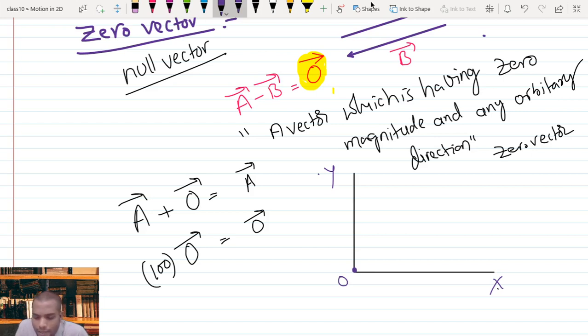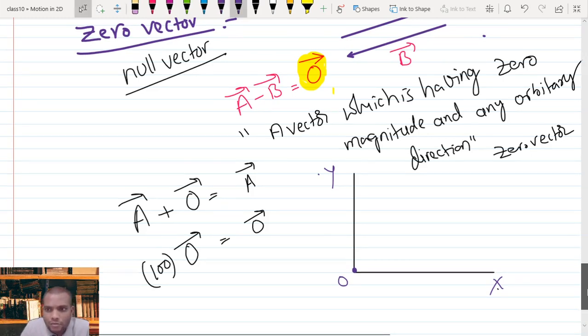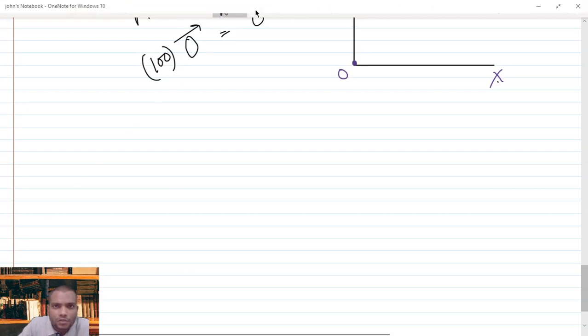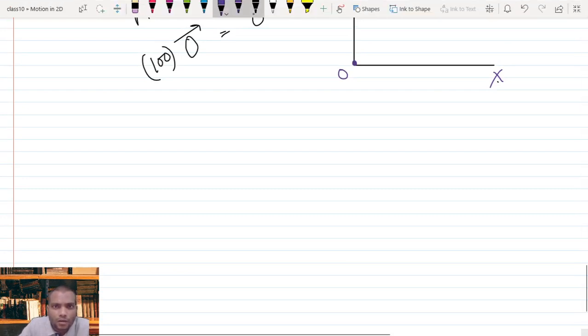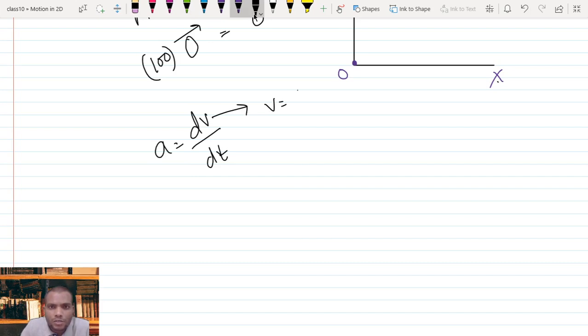And one more example: the acceleration of an object moving with uniform velocity is a zero vector. We learned that acceleration is the rate of change of velocity, so acceleration a equals dv by dt. Suppose velocity is constant, and velocity is a vector.